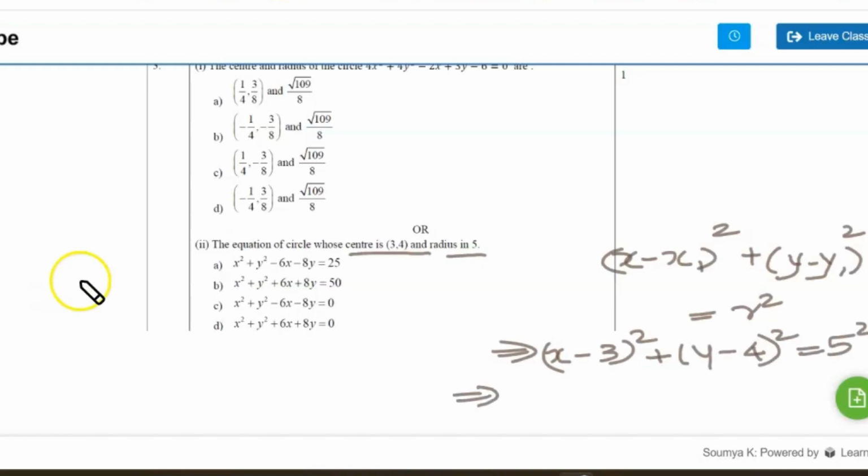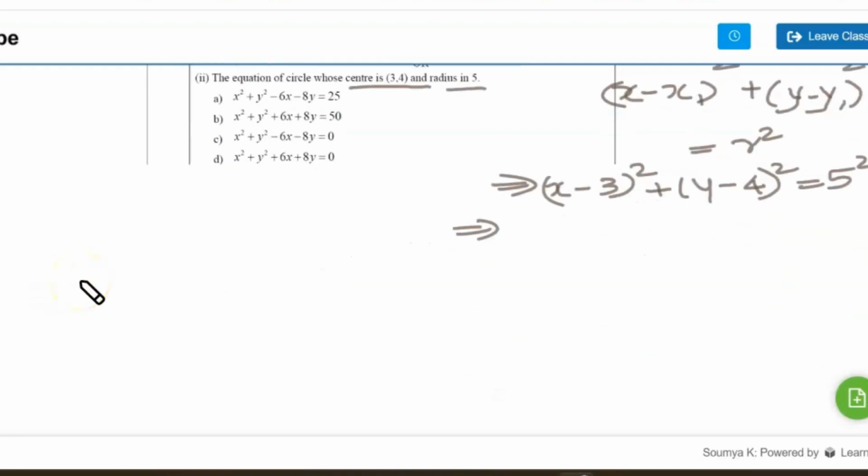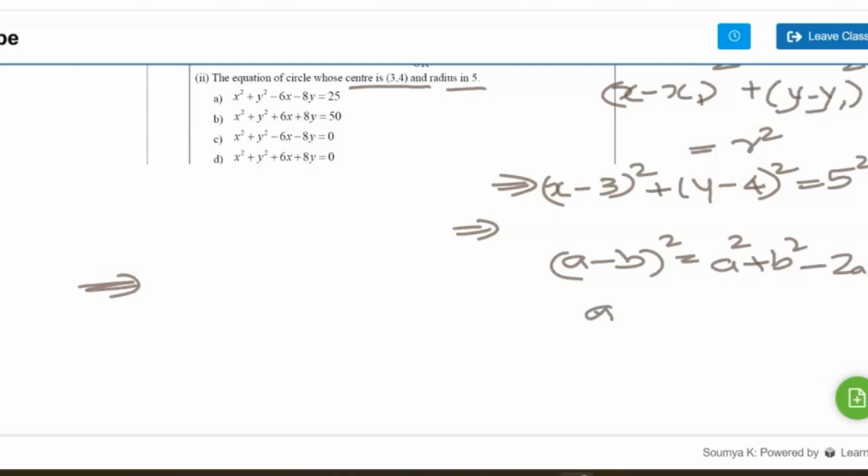Here if you see x minus 3, solve it completely. You have to use the formula a minus b the whole square, which gives you a square plus b square minus 2ab, and in this case you need only this formula. So apply this formula for the first two terms.